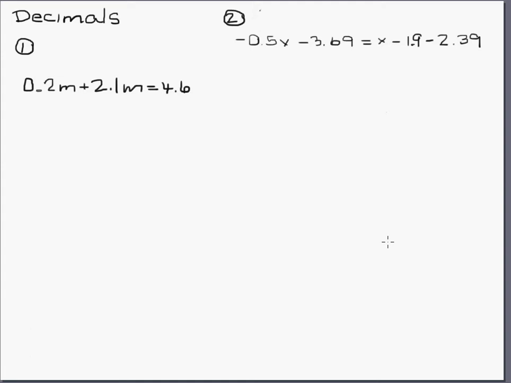The way that we make decimals into integers is by multiplying them by some number that will make the decimals move in such a way that they become whole numbers.